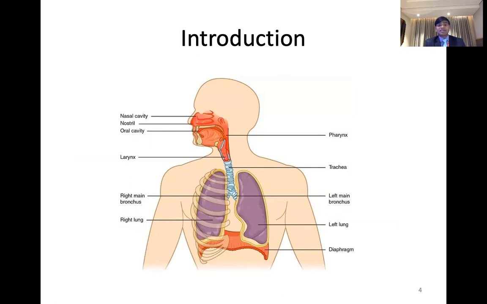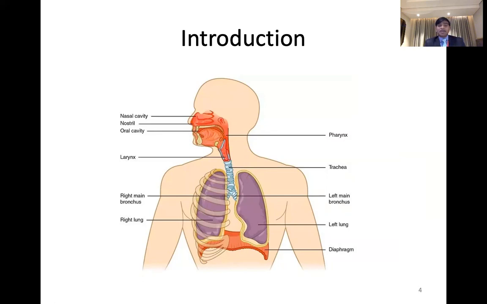The upper respiratory tract consists of the nostrils, the nasal cavities, and the paranasal air sinuses. The lower respiratory tract consists of the trachea, which you can see in blue, then the principal bronchi, the terminal bronchioles, respiratory bronchioles, and alveoli.